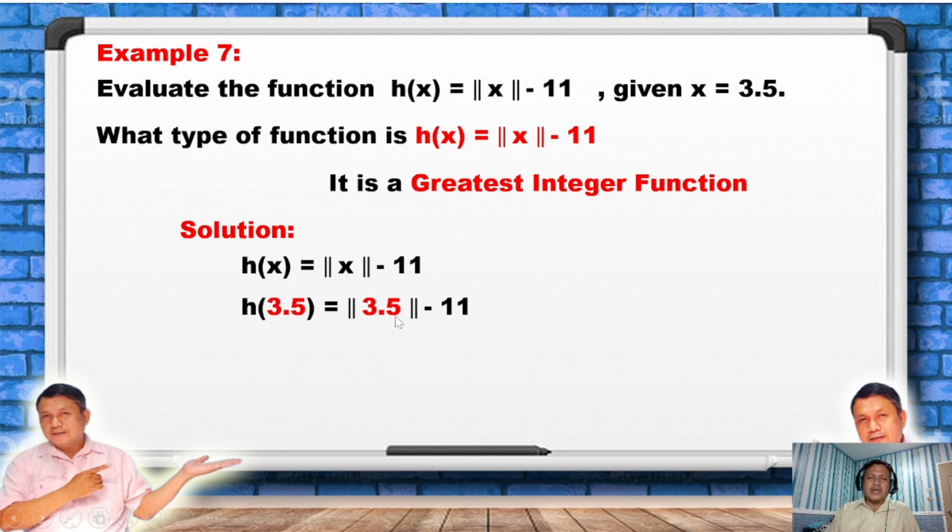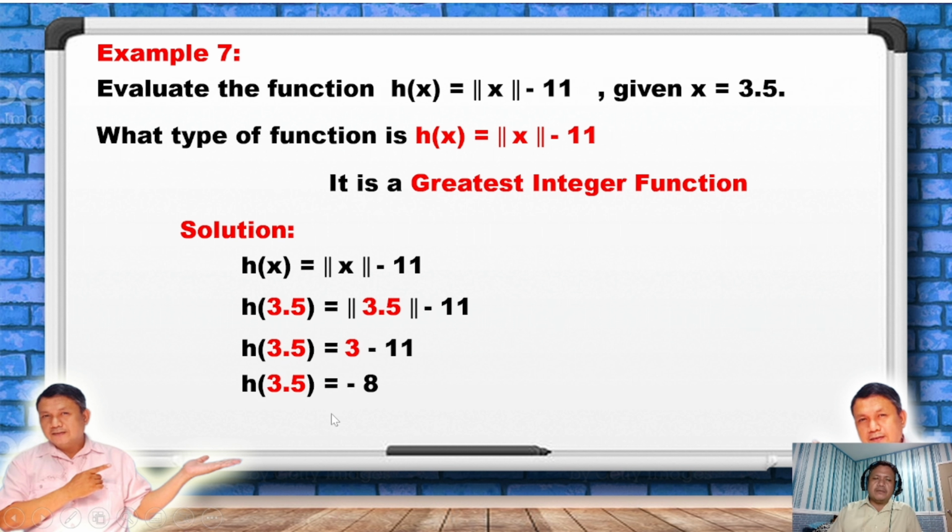Again, I gave you the example kapag positive. Diba sabi natin, round down. Walang round off. Therefore, h of 3.5 is equal to, yung 3.5, magiging 3 na lang siya. Kaya 3 minus 11. And therefore, we have h of 3.5 is equal to negative 8.